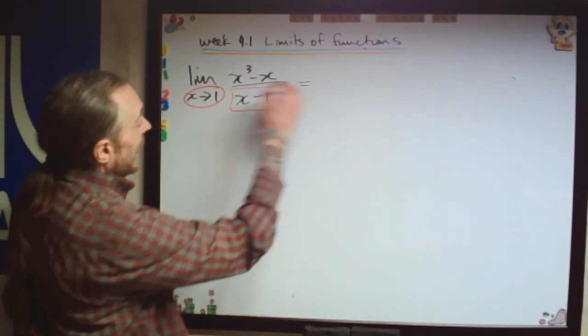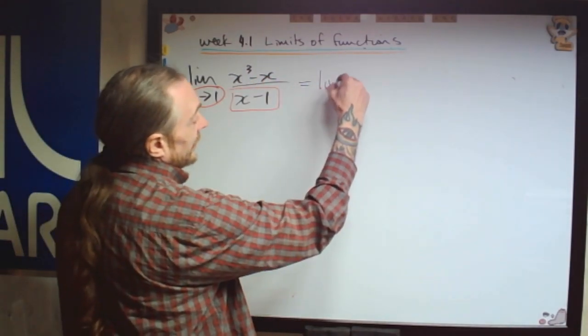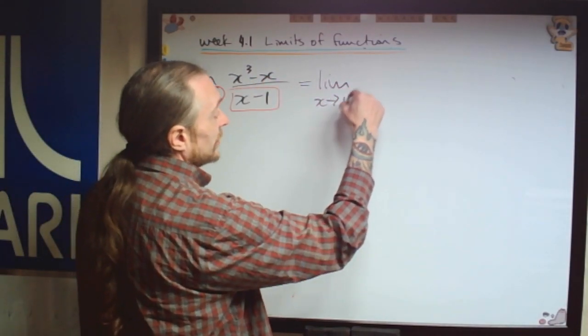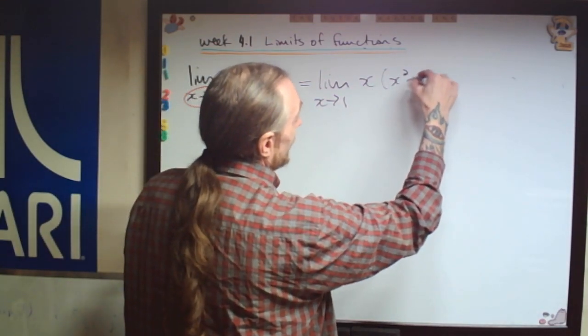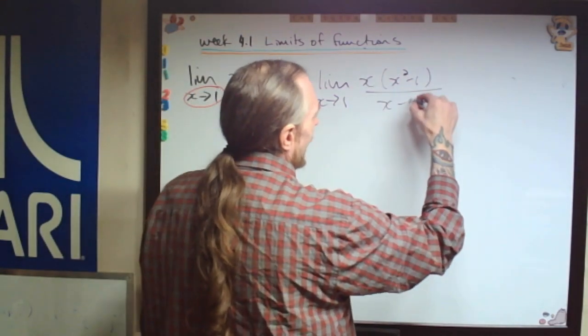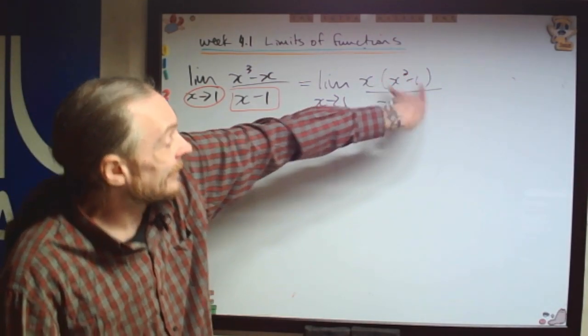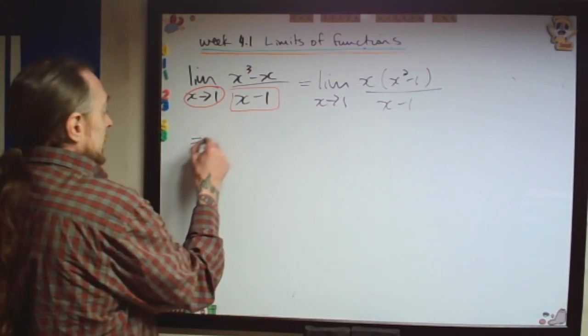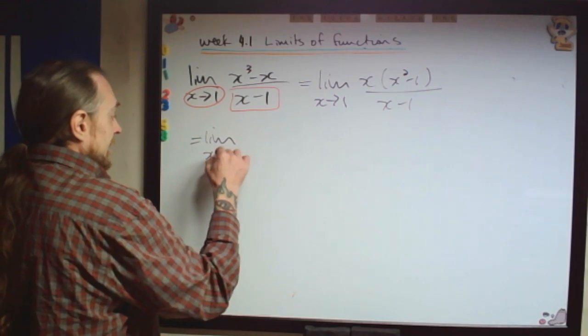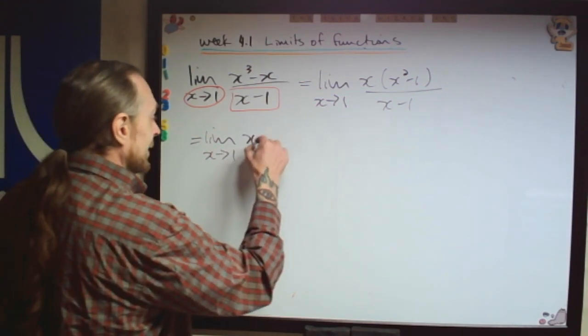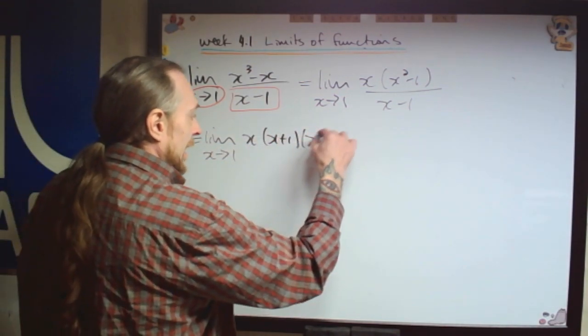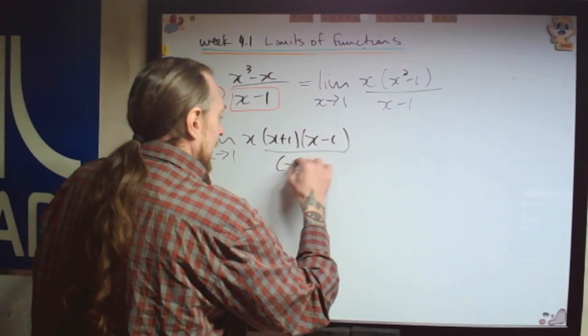Let's start going. I see I have x in both terms, so let's factor the x out first. This is the limit as x approaches 1 of x times x squared minus 1 over x minus 1. And then this should hit a Pavlovian nerve. This is a difference of squares, so this is equal to the limit as x approaches 1 of x times x plus 1, x minus 1 over x minus 1.